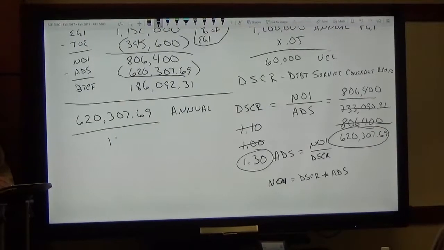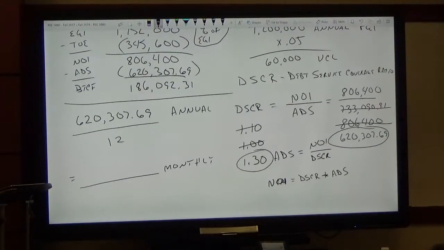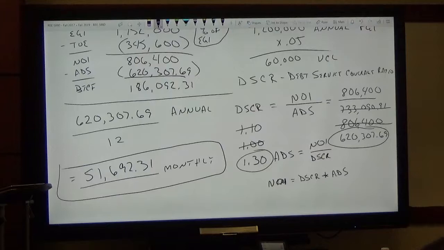Divide by 12. And so you get $51,692.31 per month that you could spend on your monthly mortgage payment. Does that make sense? Yes or no?